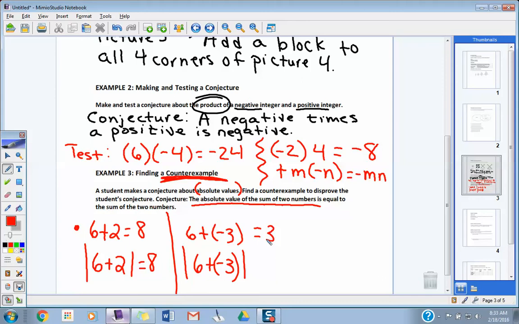So isn't this really the absolute value of 3 also? Which would still be what? 3. Does that statement support or disprove your conjecture? It supports it again. All right? Here's where things get maybe a little tricky. What if I did this?